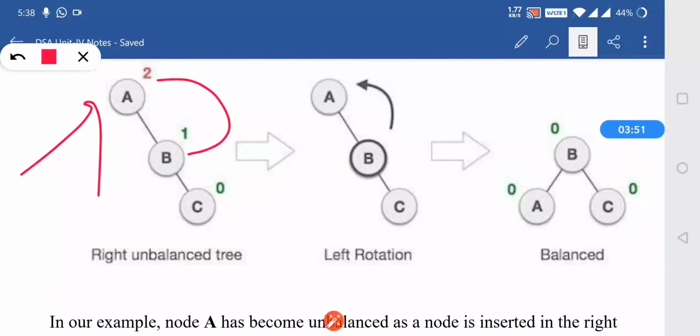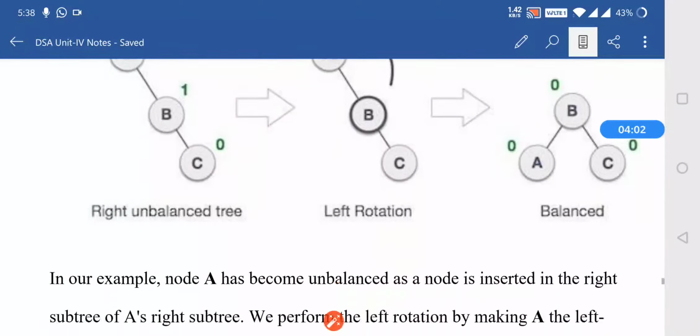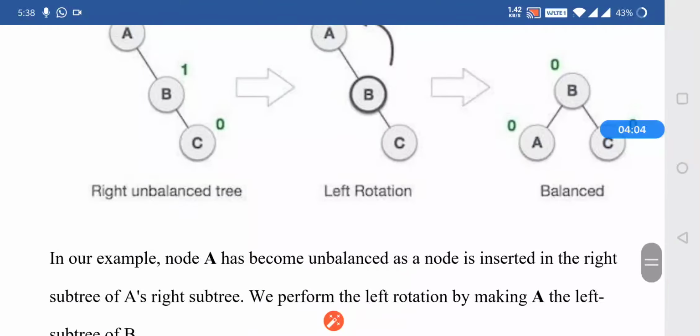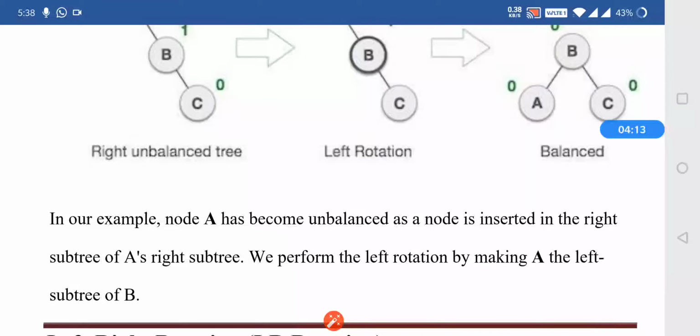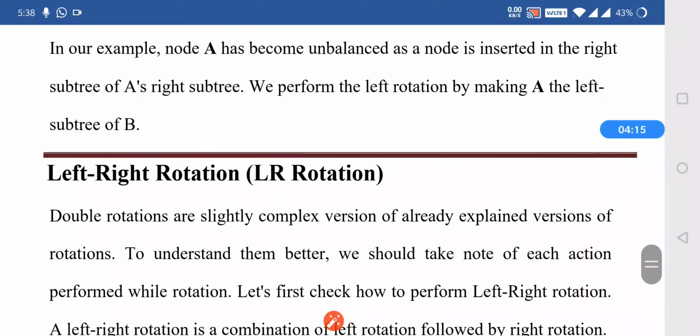Now we can see over here, this is the unbalanced node. Now this particular unbalanced node is taken to the bottom level, and in this way the tree becomes balanced. Means the node A is the unbalanced node, so we have done the left rotation and then A becomes the left subtree of B. So in this way RR rotation is done.